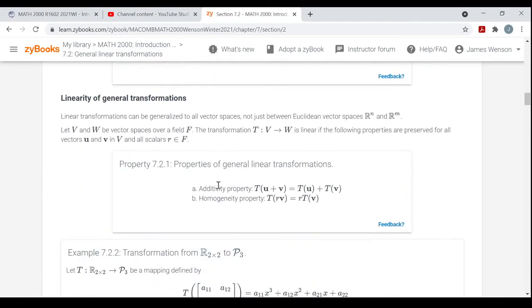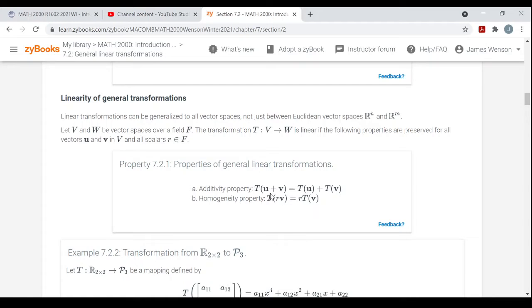All right. Now the next part of this section is similar to what you did in section 7.1, where you're determining whether or not a transformation is linear. Right? Is a transformation a linear transformation? It still has the same definition. A transformation is linear if and only if it satisfies these two properties.